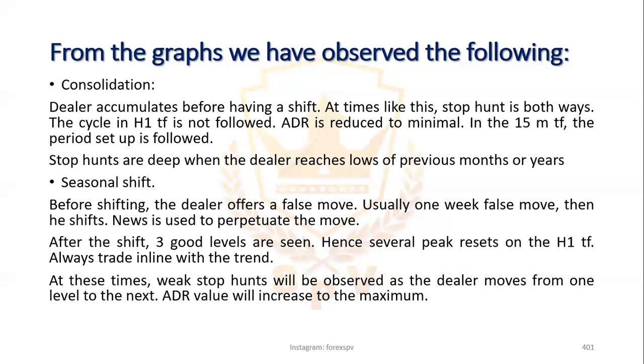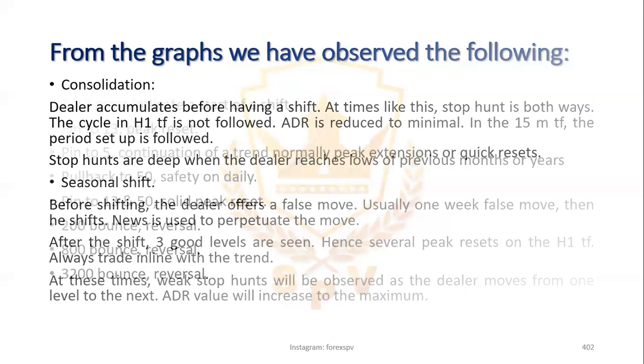And several peak resets, that means the minimum will be 3 peak resets and so on. So sometimes you'll see up to 4 peak resets or 5 peak resets. And during this time, you would find weak stop-ins as the dealer moves from one level to the next. ADR value will increase to the maximum. During this time, you'll find the ADR is at the maximum.